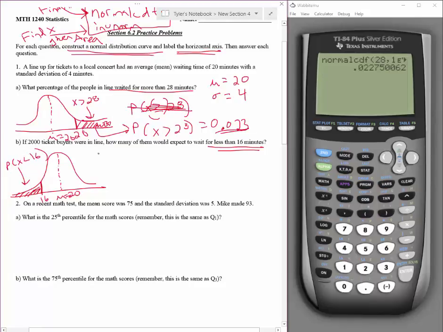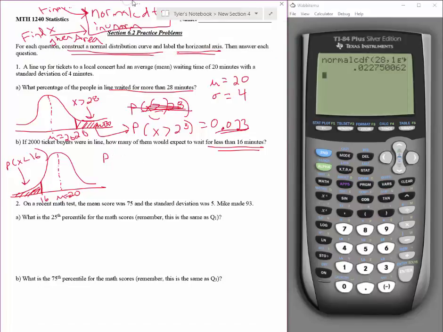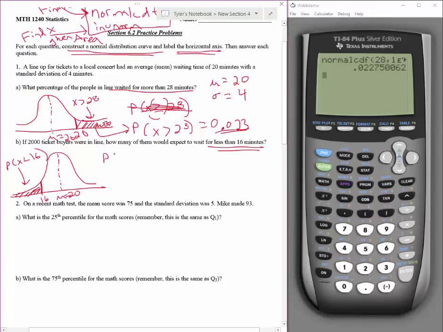So my line of thinking is let's find that, because that's going to give us a percentage of people we would expect to be less than 16, and then I can just multiply that number by 2,000 to find the total number of buyers. So let's find the probability that x is less than 16, and then find the number of ticket buyers that wait less than 16 minutes.